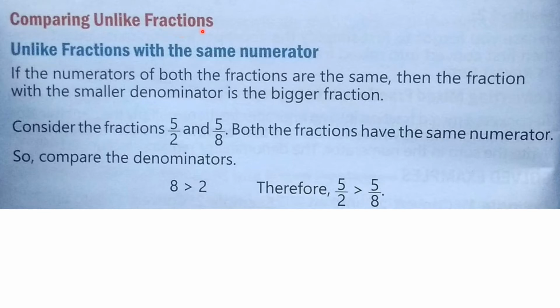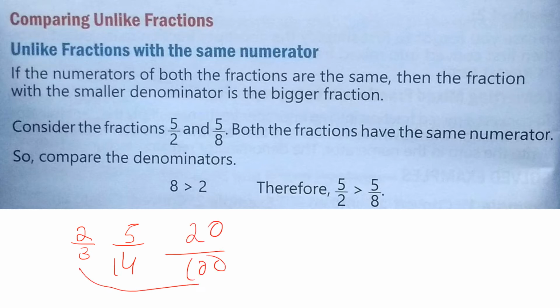Now, comparing unlike fractions. Unlike fractions means where the denominators are not the same. See, the denominators are not the same and the numerators are also not the same, but this is called unlike fractions.